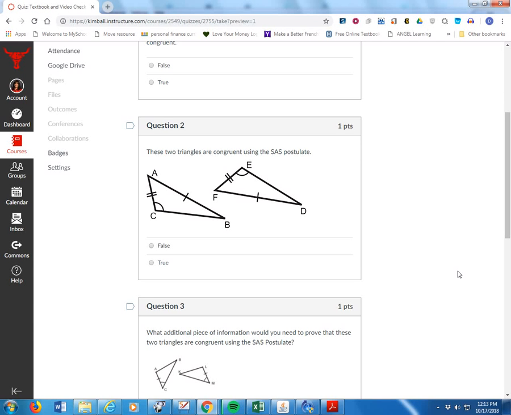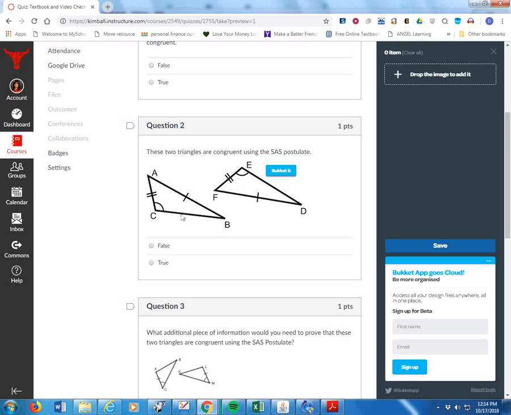Why do you think it's true? Okay, so we have two sides and an angle, but what's important is what that angle is between. It's got to be right adjacent to those two sides. It's got to be the included angle between the two sides you're given, right? So this side and this side have to be the ones that are equal for it to work.